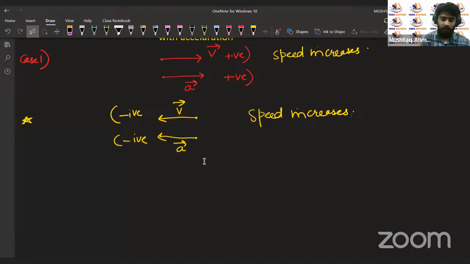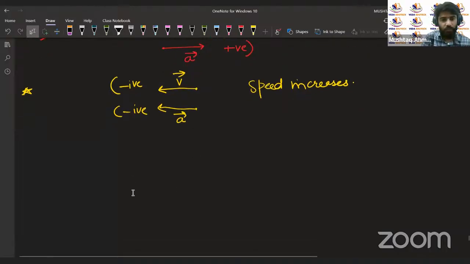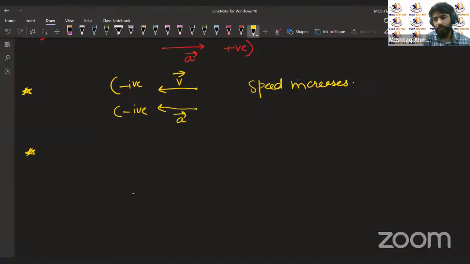Let me explore the third case. Let's suppose that the particle's velocity is in this direction, but the acceleration of this particle is along this direction, inclined at an angle of theta.